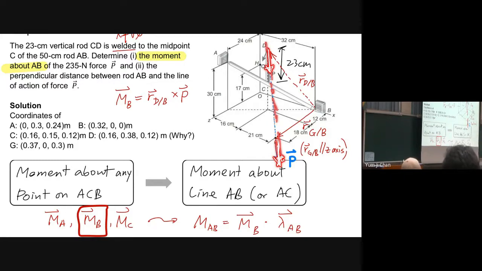We can move P here, and in this way, the moment arm is parallel to the Z axis, so everything will become quite simple. So let me write it down. It's equal to RG with respect to B cross P.